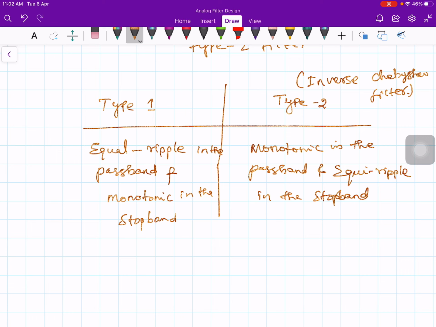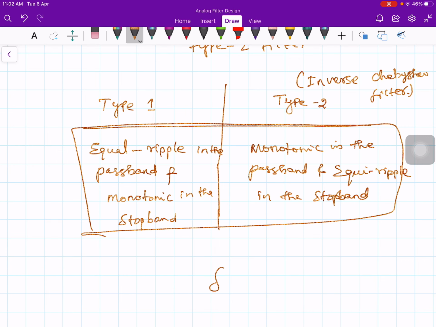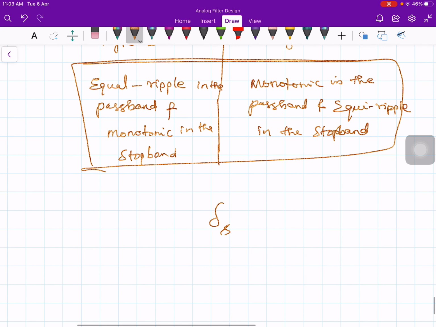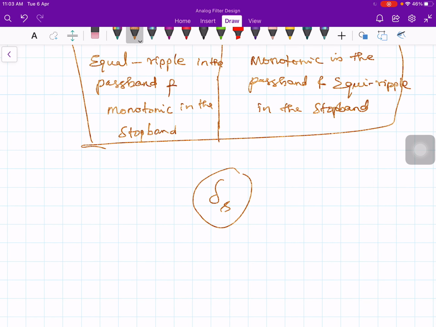Once we have specified a delta S and satisfied it, one should not bother whether there are ripples or not in the stop band. Therefore, we will discuss only the type 1 filter. Type 1 is the most favored optimum low pass filter, provided you exclude elliptic filters from your field of view.